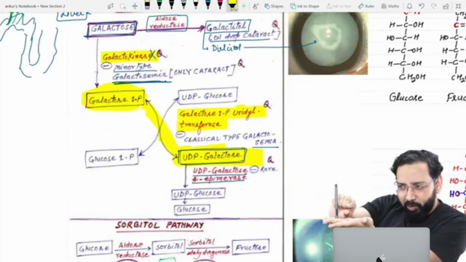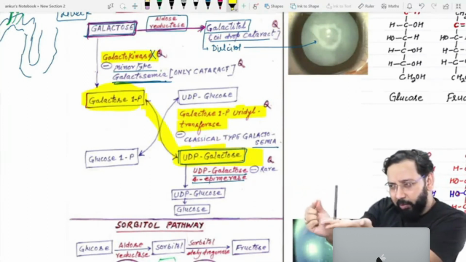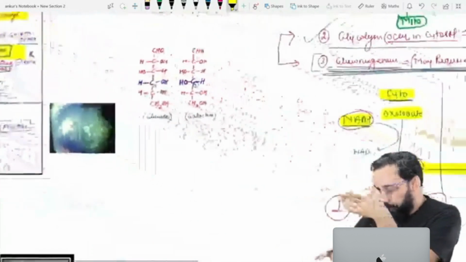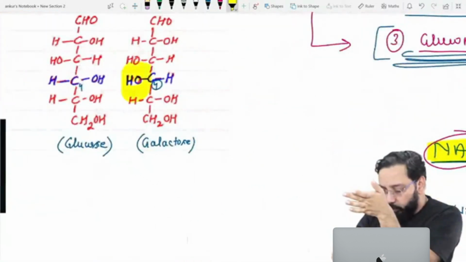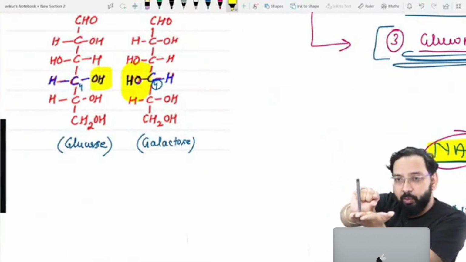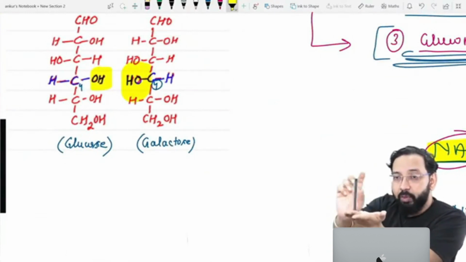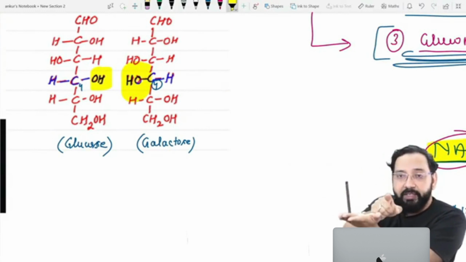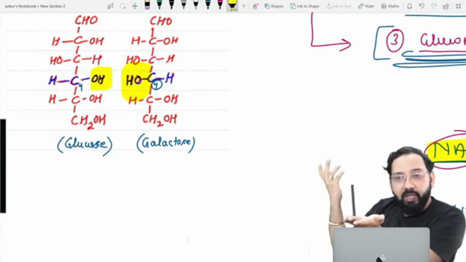Now we will hold the OH from the left and rotate it to the right. UDP galactose will be converted to UDP glucose. I told you the only difference between galactose and glucose is the OH orientation at C4. If the OH at C4 is on the left side, it is galactose. If on the right side, it is glucose.